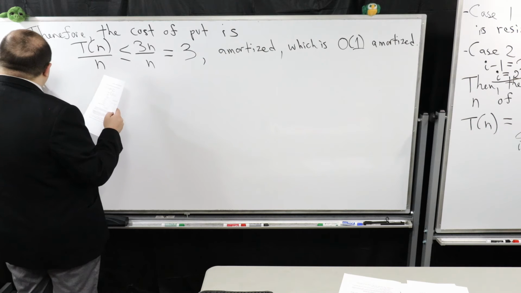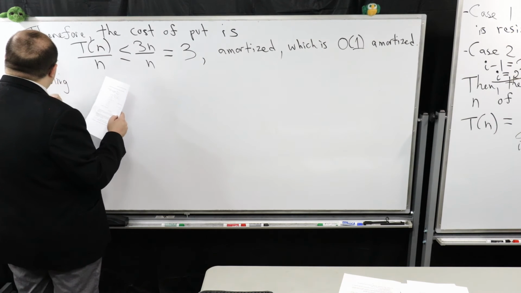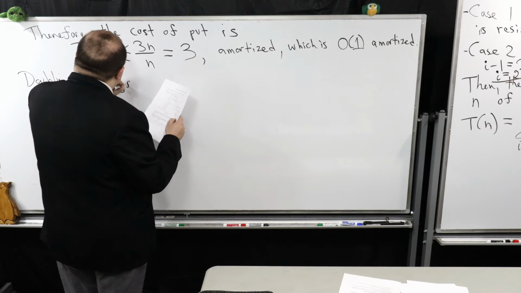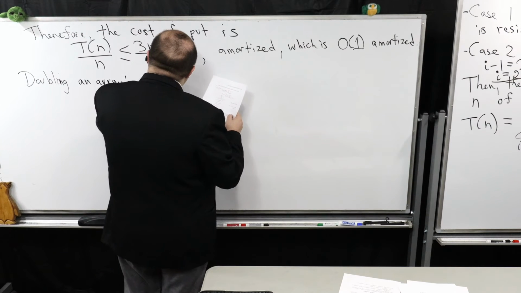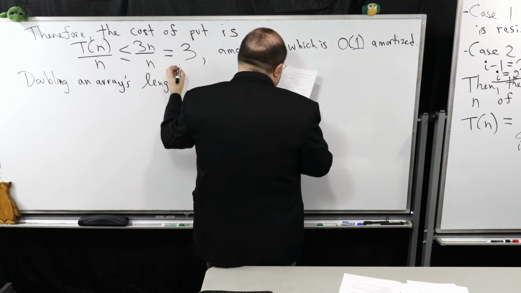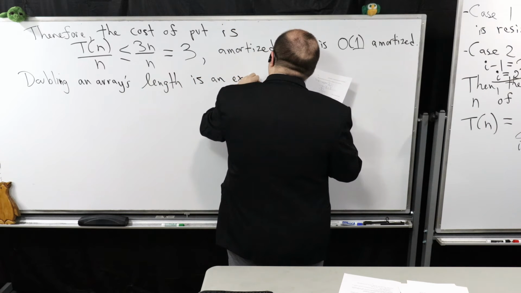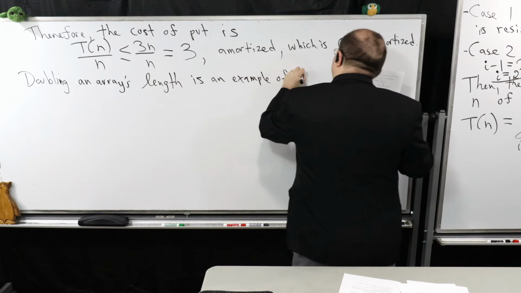So doubling an array's length is an example of geometric growth.